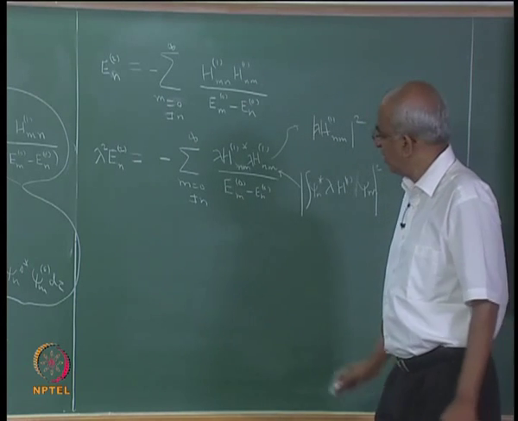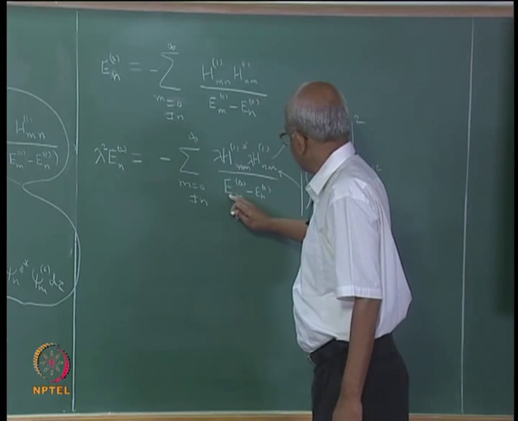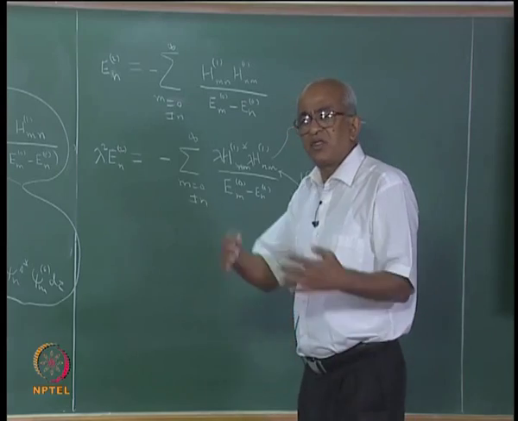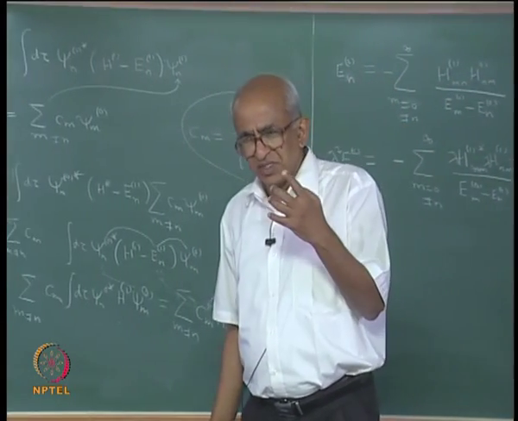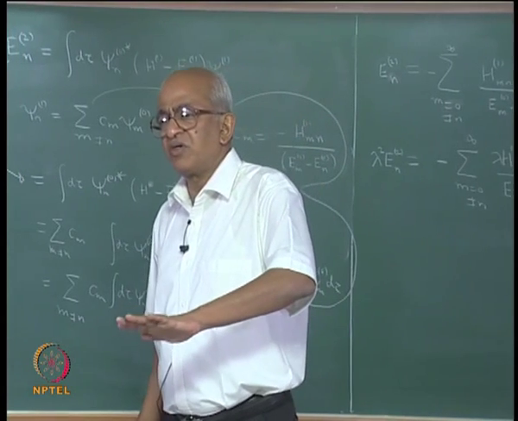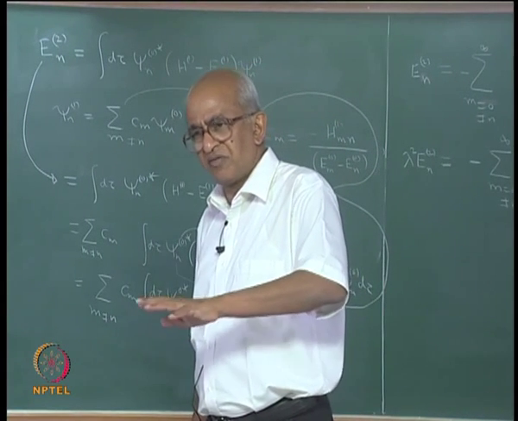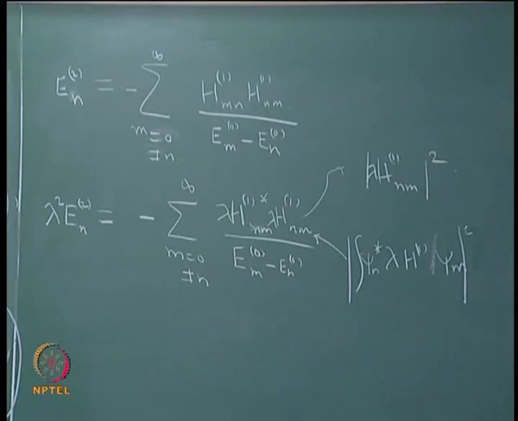And you have this one, Em0 minus En0, that is actually the difference between the different energy levels of the system. Specifically, suppose I am thinking of the ground state of the system, most of the time we are interested in the ground state. What happens to the ground state as a result of perturbation?